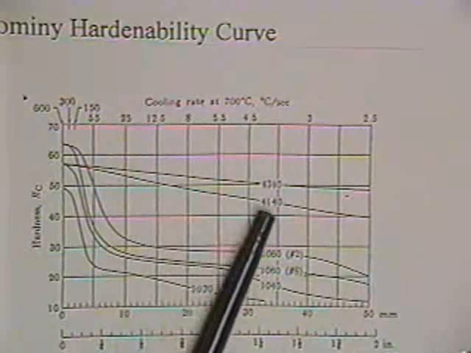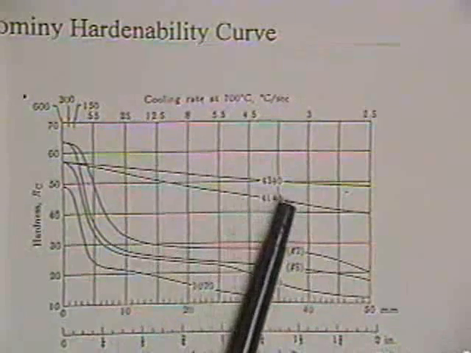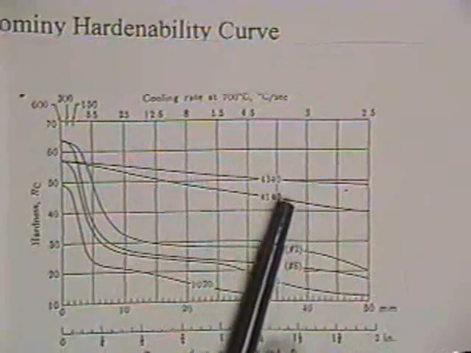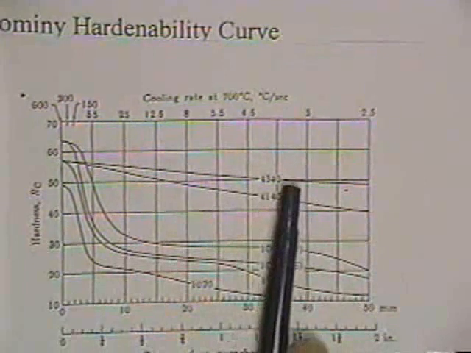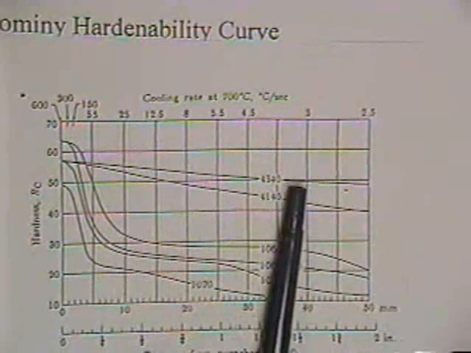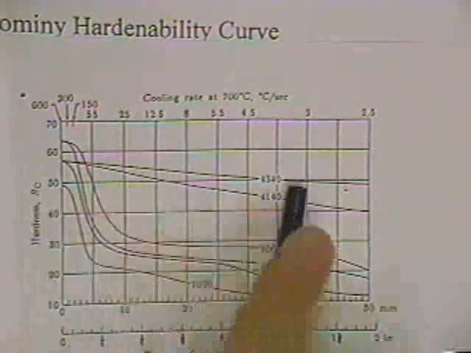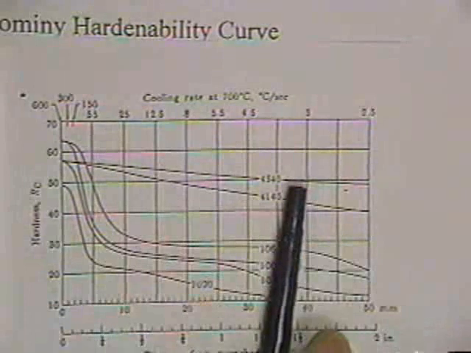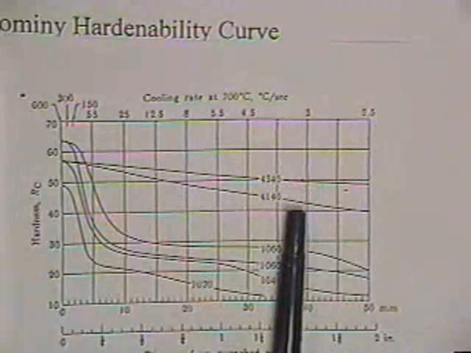On the other hand, a 4340 steel, of course, is a chrome nickel molybdenum steel and corresponds to about 5% alloying elements. You'll see that the line, this Jominy hardness curve, is very high. 4340 and 4140 would be considered very hardenable steels.